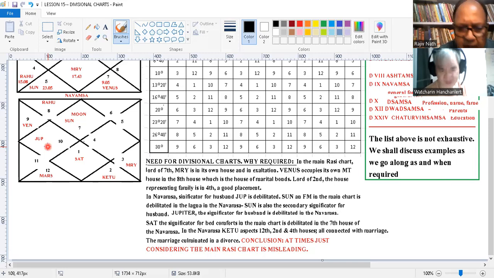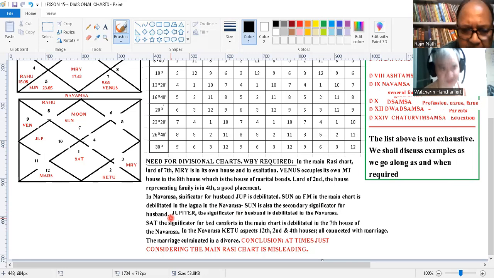It is debilitated. The Sun, which is a functional malefic in the main chart, is debilitated in the Lagna in the Navamsa. Sun is also the secondary significator for husband, and that is debilitated in the Navamsa.